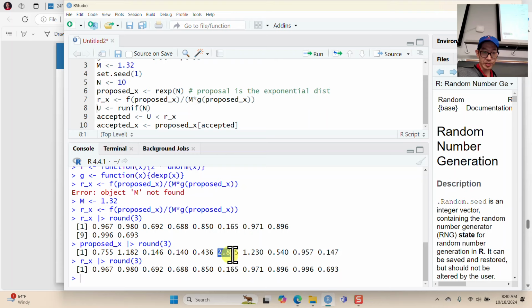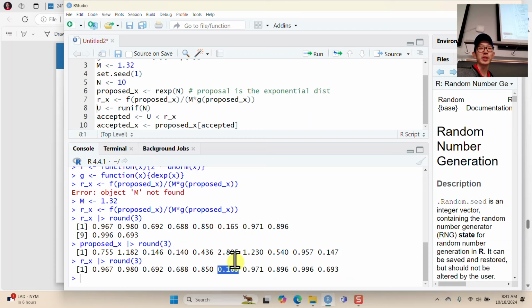You can see this value 2.895. Because the exponential distribution generates this at a rate that's much greater than what the normal distribution would, the acceptance ratio of this is only around 0.165. So first of all, the exponential distribution doesn't generate values of 2.895 very frequently, but when it does, it only gets accepted around 0.165 of the time.